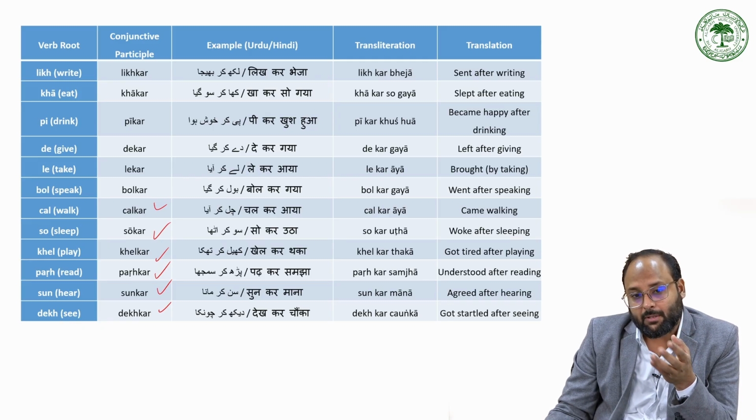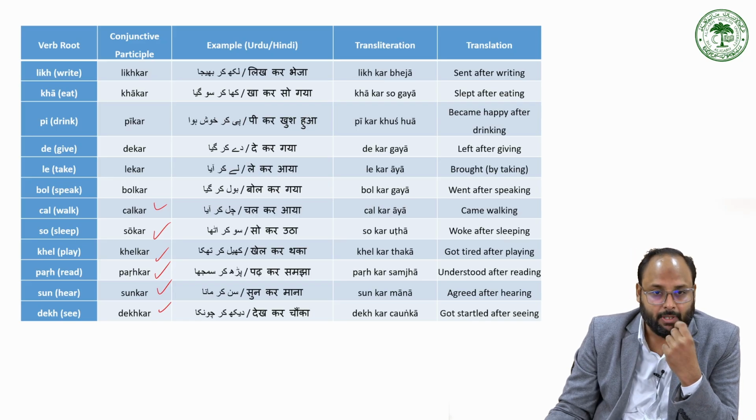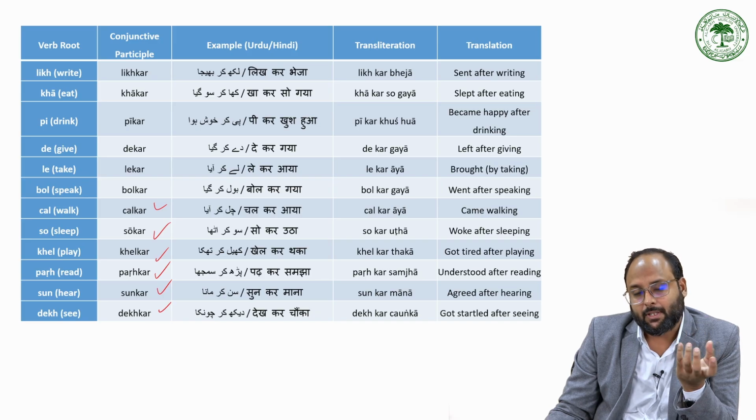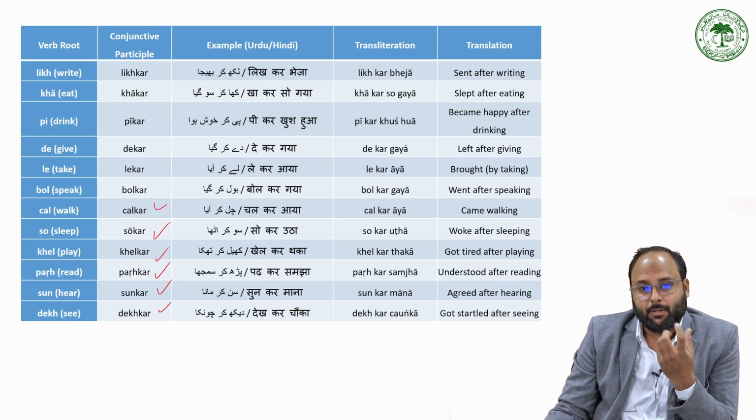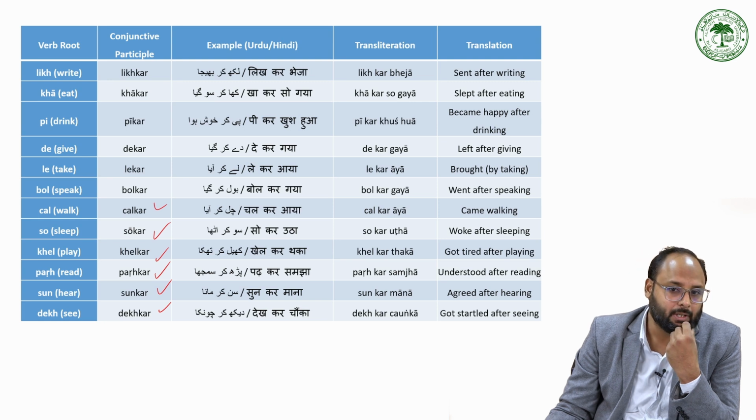Here we have examples for this, where we are also skipping the subject. In these examples we are giving the basic construction of the conjunctive participle. लिख कर भेजा, खाकर सो गया, पीकर खुश हुआ, देकर गया, लेकर गया.